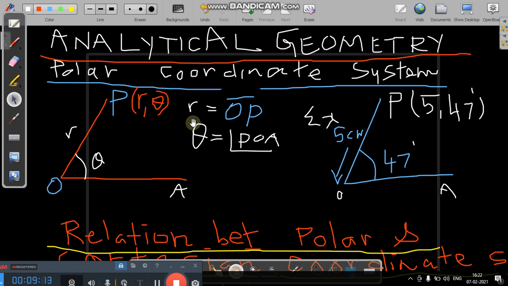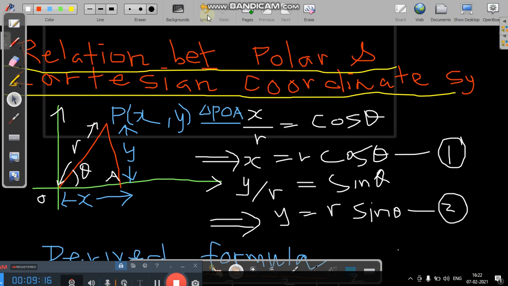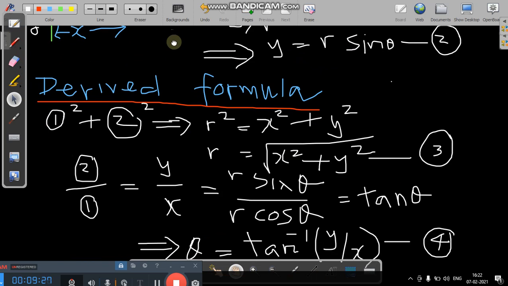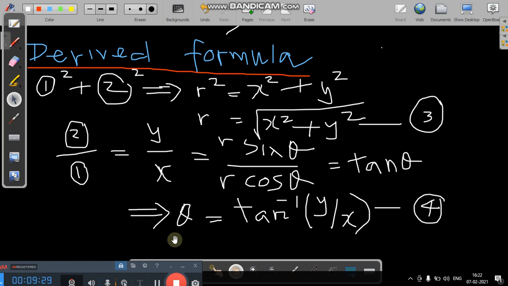This representation is called polar coordinate system. Then there is a relation between polar and Cartesian, that is x is equal to r cos theta, y is equal to r sin theta. Then we can derive that r and theta can be found out if x and y are given.